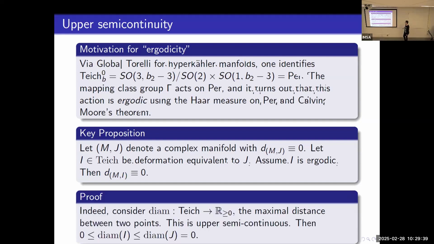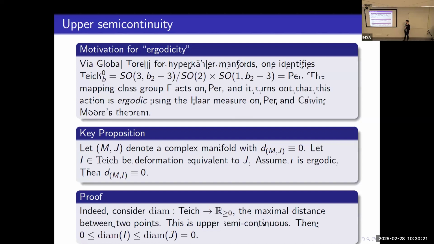And the proof is based on a fact that's seen in some of Sun's papers, that if you take the diameter, which is a function from the Teichmüller space to the non-negative reals, then this function is upper semi-continuous. But then because it's upper semi-continuous and I is ergodic, the orbit of I is dense, and in the limit points, the diameter can only jump up.